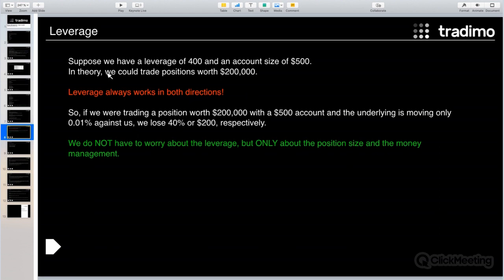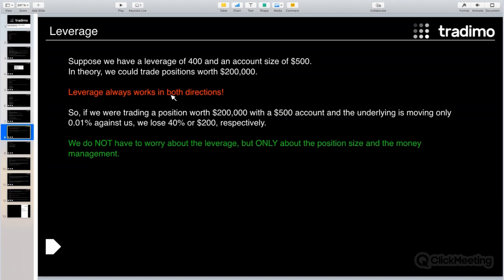So it's about leverage again, but this is, I promise you, the final comment I want to make about the leverage. Suppose we have a leverage of 400 and an account size of $500. In theory, we could trade a position worth $200,000. It's 500 times 400. The result is $200,000. But the leverage always works in both directions.